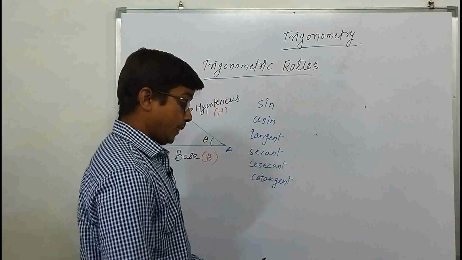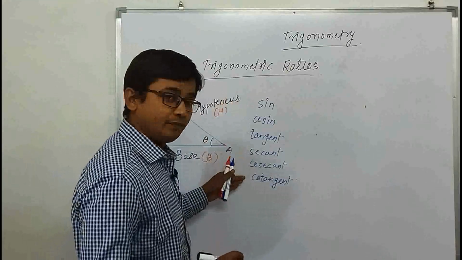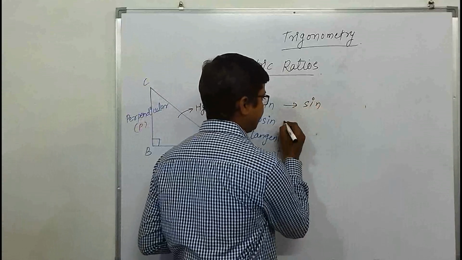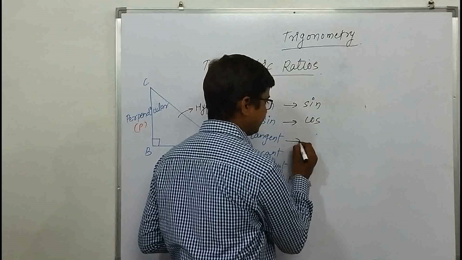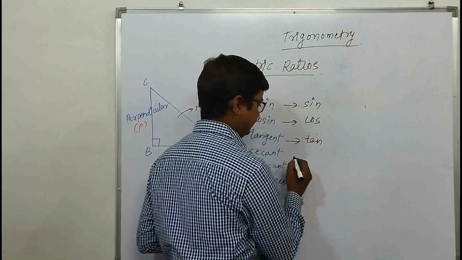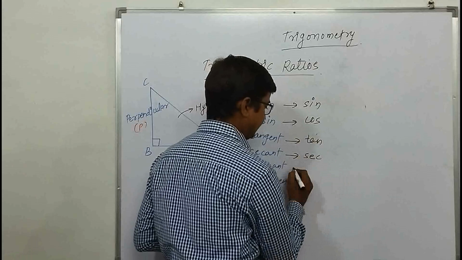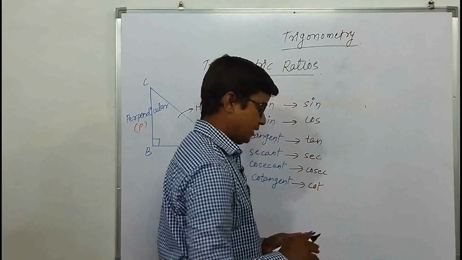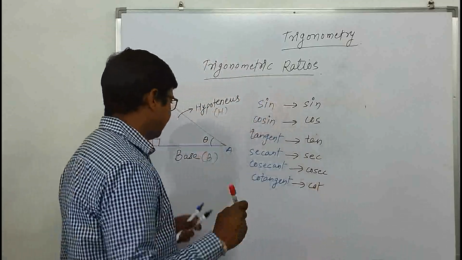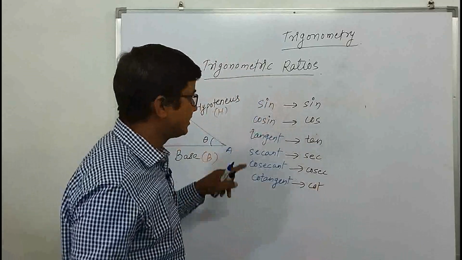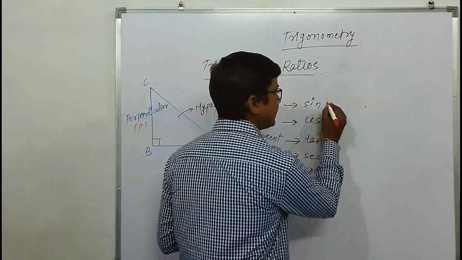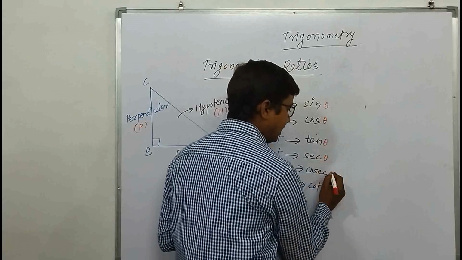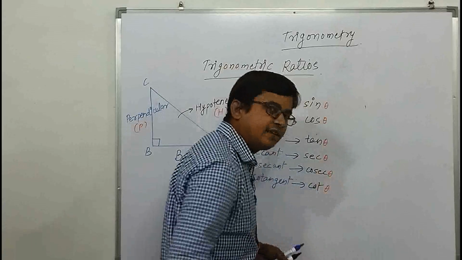These are also written as sin, cos, tan, sec, cosec, and cot. If I take this angle theta into consideration, I have to find out sin theta, cos theta, tan theta, sec theta, cosec theta, and cot theta.